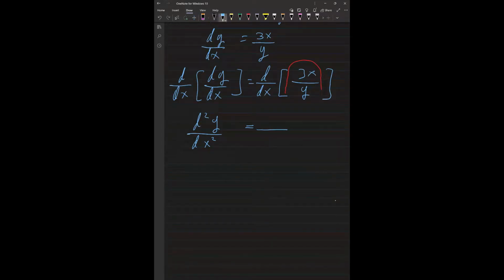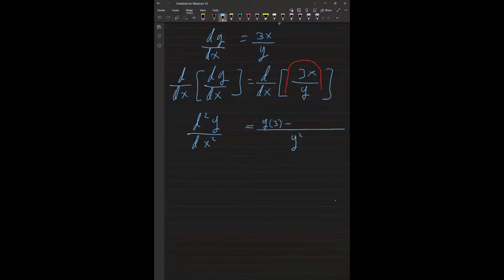So I'll say the bottom squared, and then up top, we're going to say the bottom times the derivative of the top, minus the top times the derivative of the bottom. So let's do that. Let's write the bottom, which is y, multiplied by the derivative of the top, which is 3.